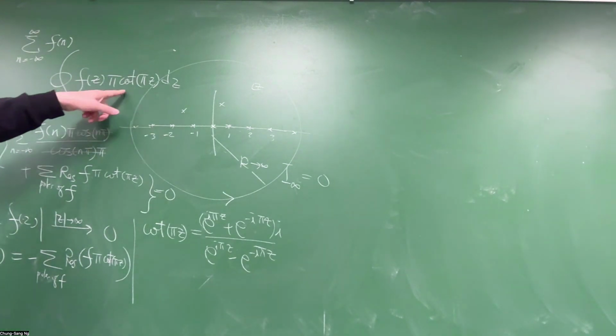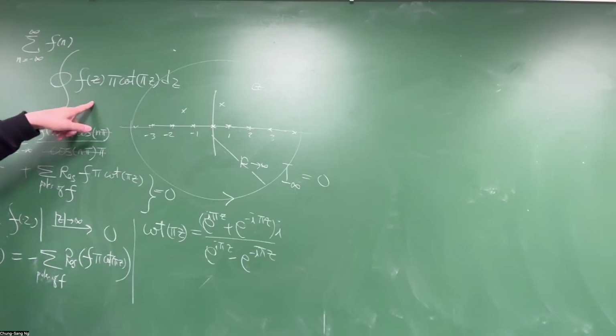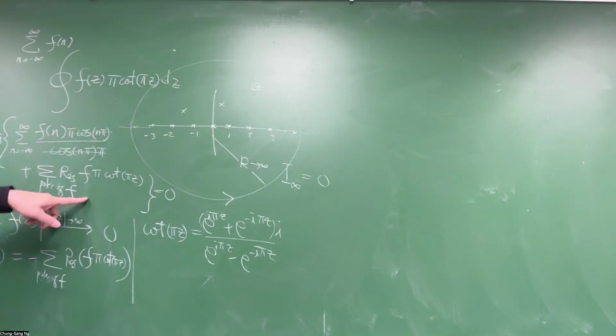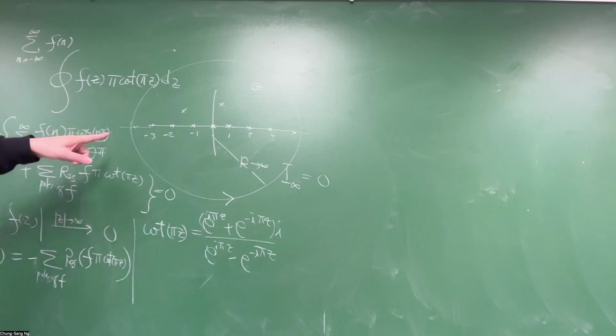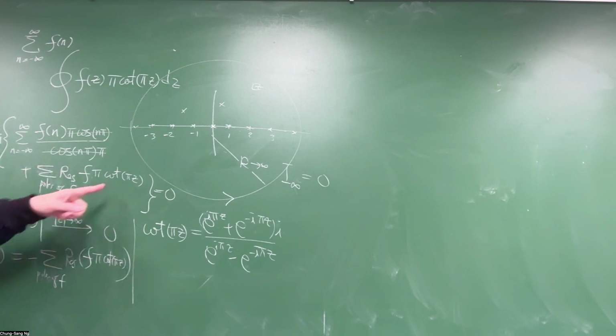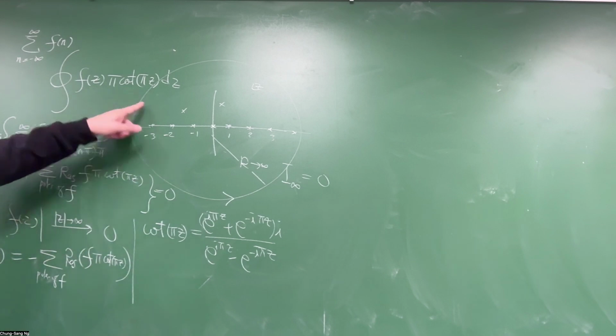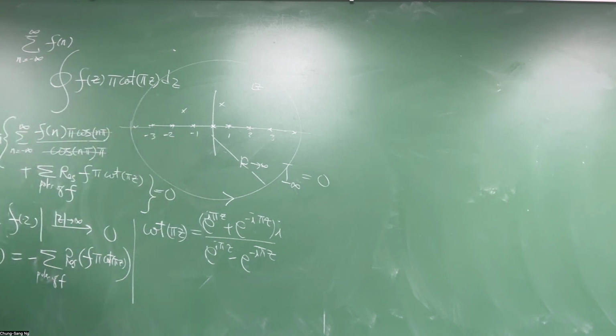Instead of cosine pi z over sine pi z, it becomes just one over sine pi z, and that will alternate the residue. You see that the residue alternates in sign. That's just the property of the sine function. The location is still n, right? So that covers this alternating sign summation.